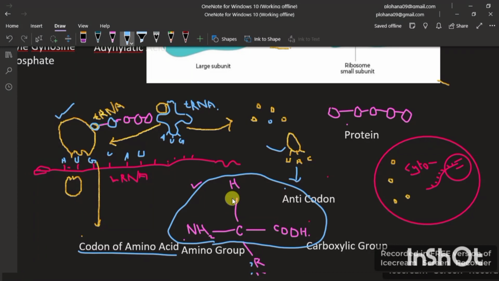So this is seen in all amino acids. The change is only in the R, only in the radical. In some cases there is a methyl group, in other amino acids there are others. So just because of this radical, we do have different types of amino acids.